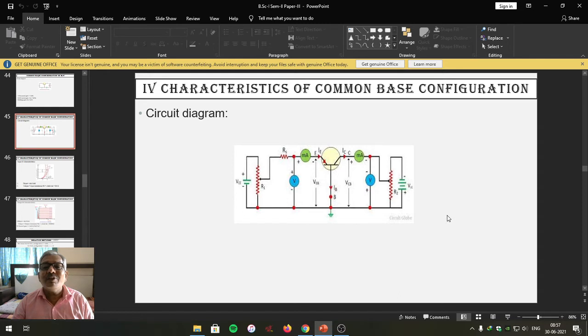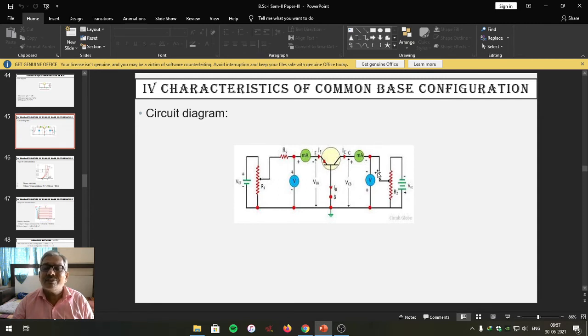To plot the input IV characteristics, we have to keep VCB constant by using this potentiometer or rheostat. Vary the input voltage VEB by using the input potentiometer, say R1, and note down the emitter current IE.